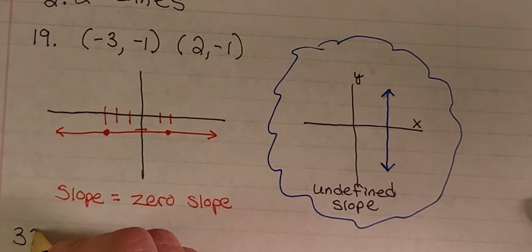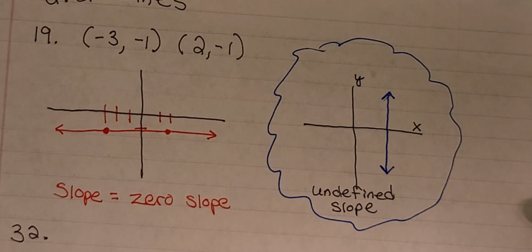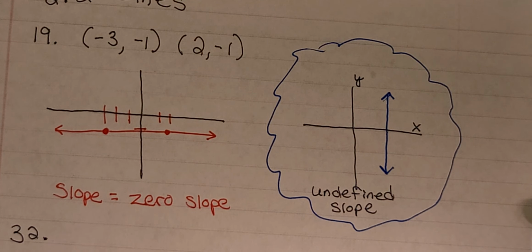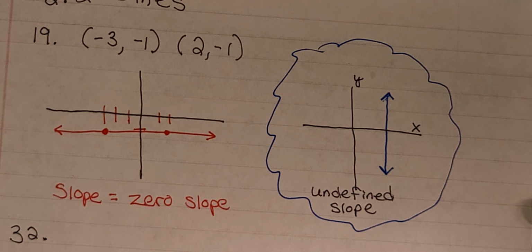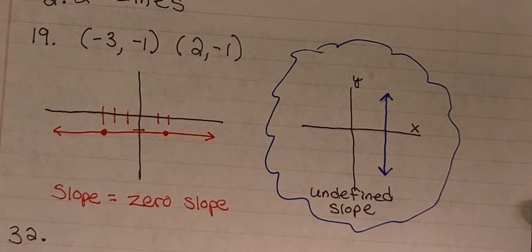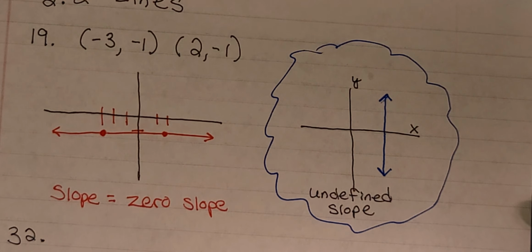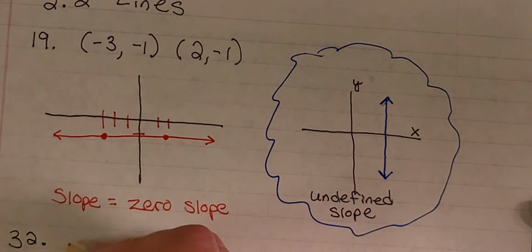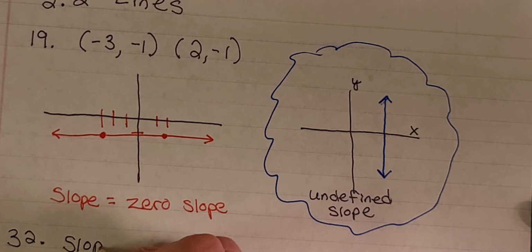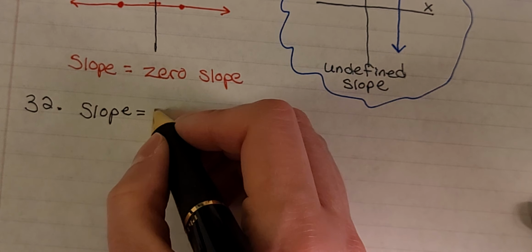Okay. Question number 32. The slope and a point on the line are given. Use this information to locate 3 additional points on the line. Okay. So the slope is 2.